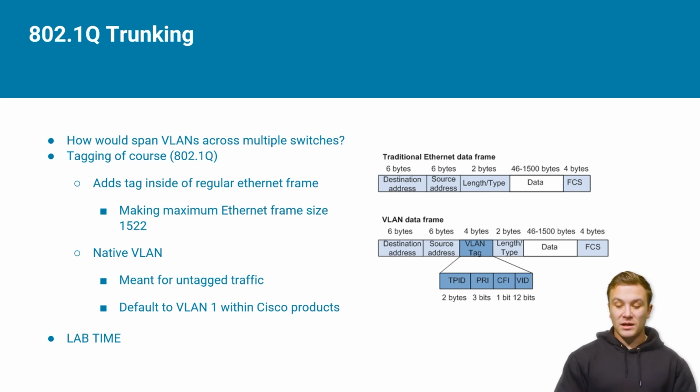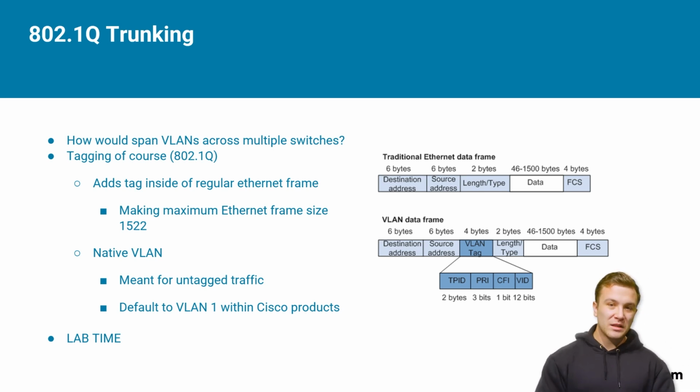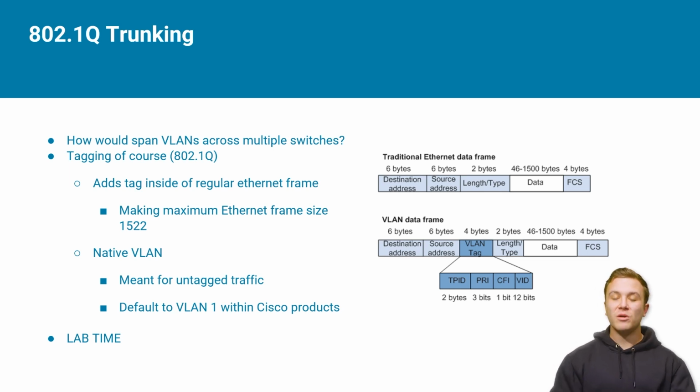And then we can touch on native VLANs real quick too. So let's say that you apply a trunk to a host interface that isn't enabled for trunking, right? So when that host sends a packet, it's not going to be tagged. So the switch will throw that packet into what's called a native VLAN. Basically, it's a setting for untagged traffic.